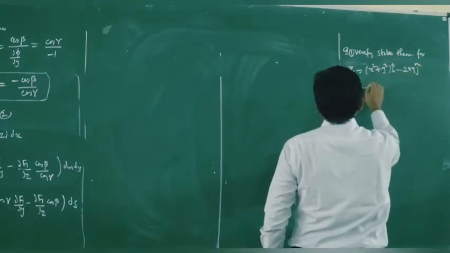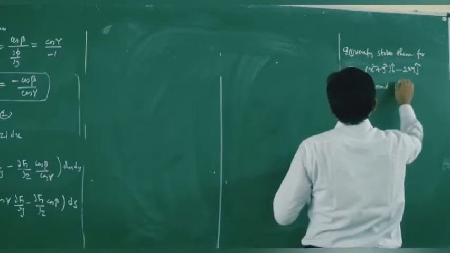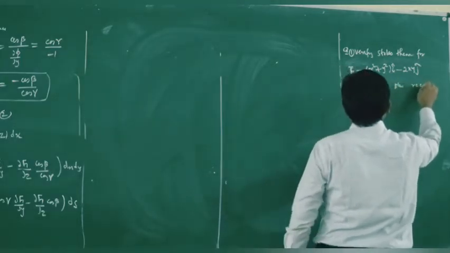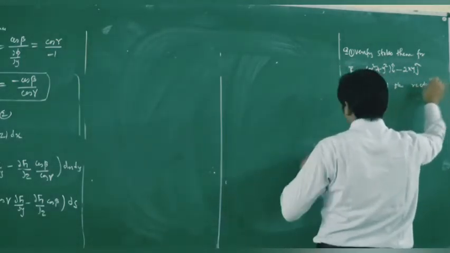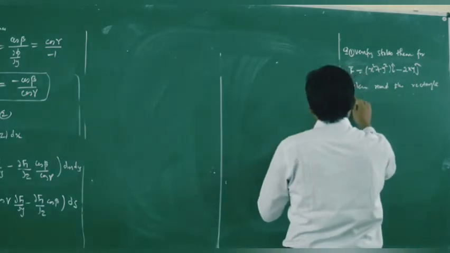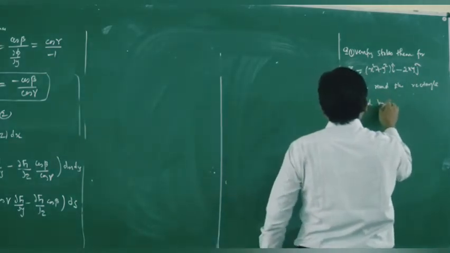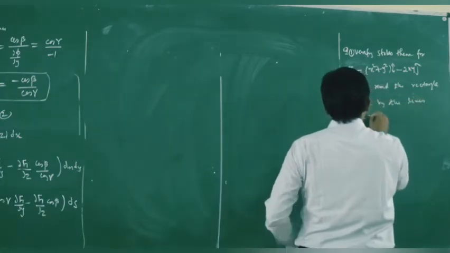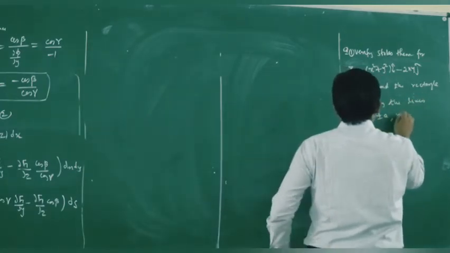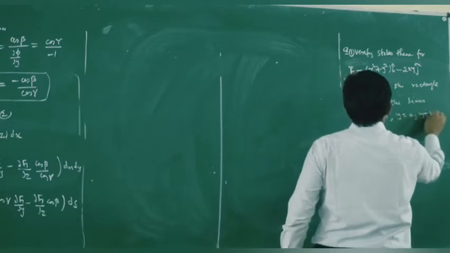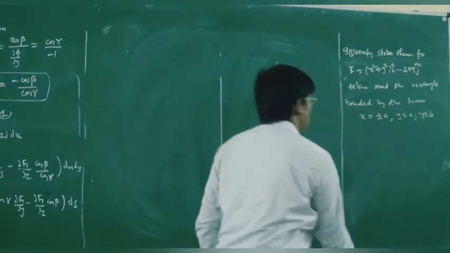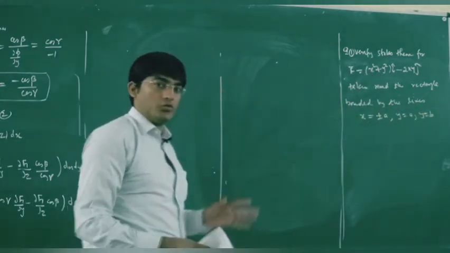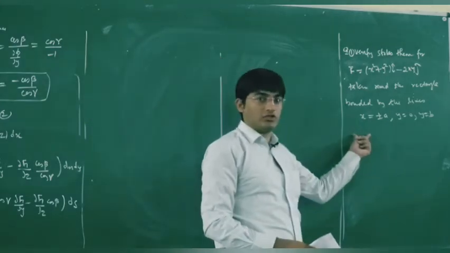taken round the rectangle bounded by the lines x equal to plus minus a, y equal to 0, y equal to b. So here we will have to evaluate the surface integral as well as the line integral.